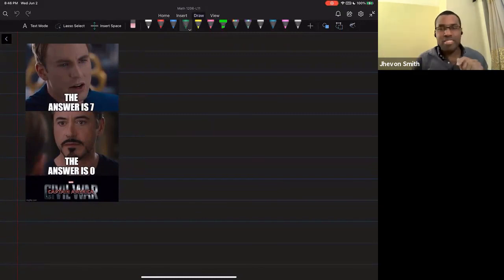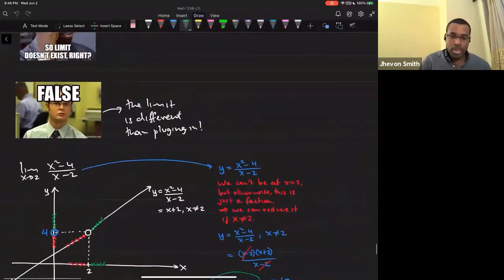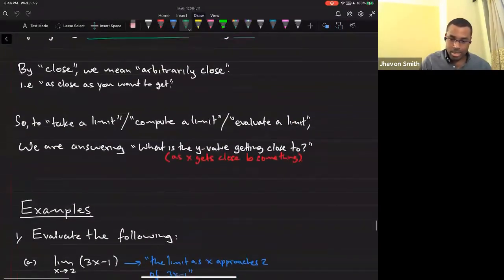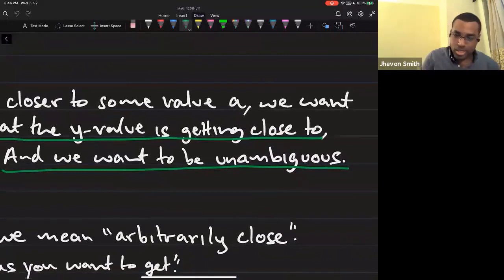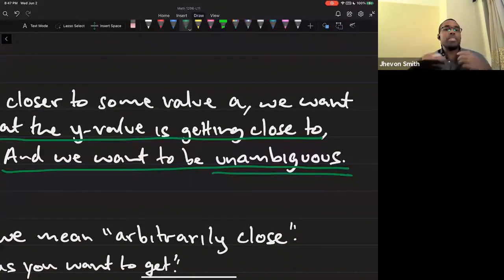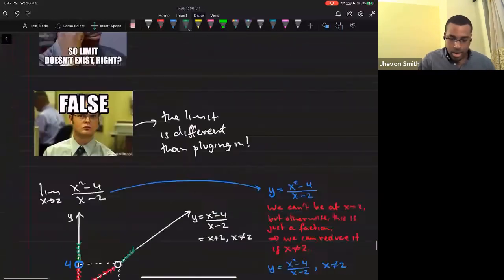No, I think the answer is 7. But you see, the fact that there is even such a discussion is a problem. So back above here, I said it should be unambiguous. You shouldn't be able to have an argument over which number it should be, right?